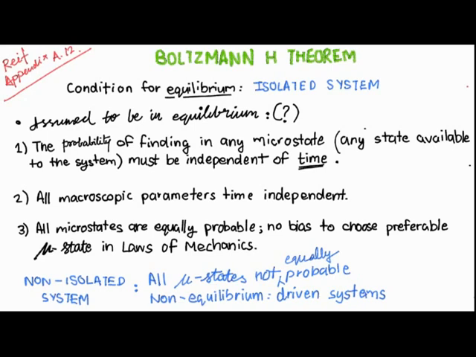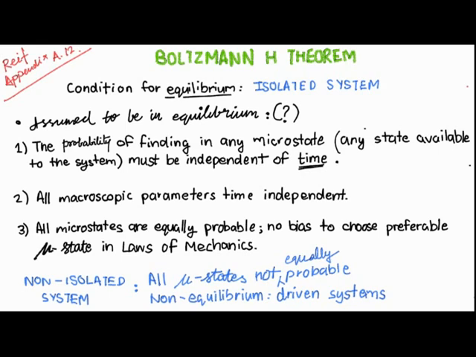But non-isolated systems, you could also have non-equilibrium or driven systems, where you drive it to maintain a uniform current or so on and so forth. So that's also a non-isolated system. A non-isolated system can reach equilibrium in contact with a heat bath, but if you're constantly driving it, putting energy at one end of the system and taking out energy at some other end, then there will be a current.